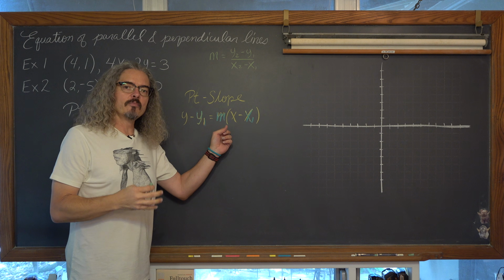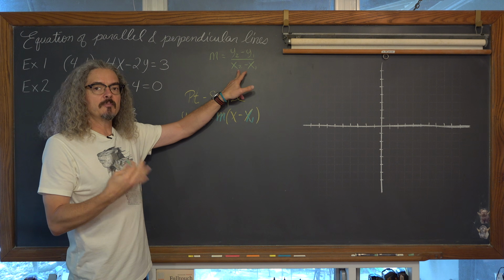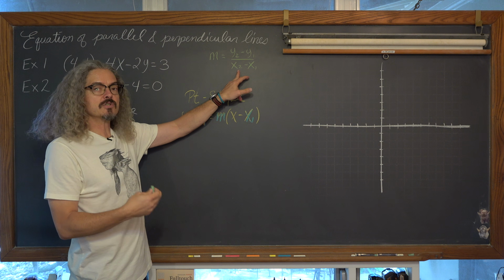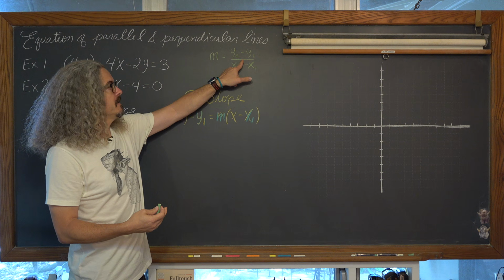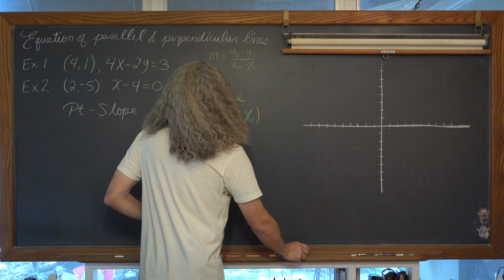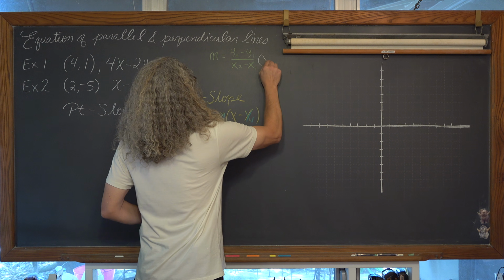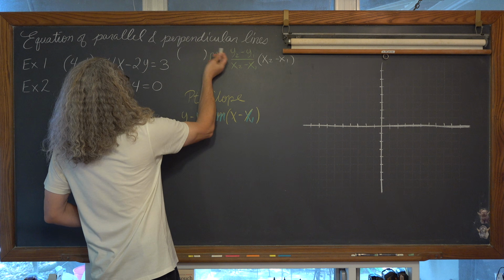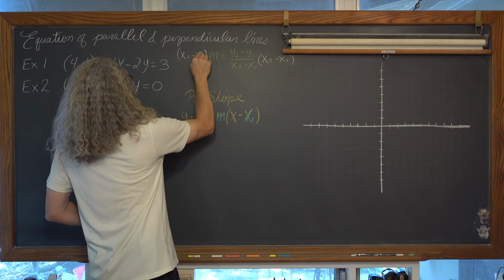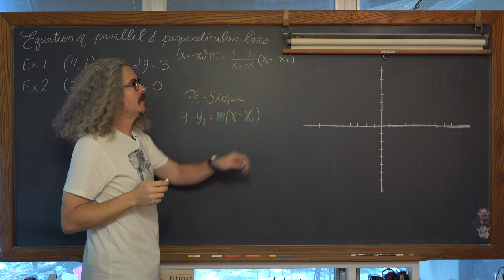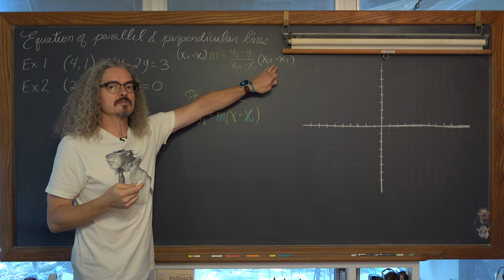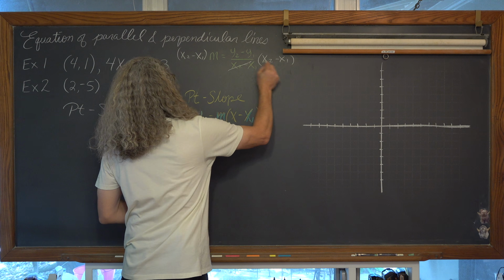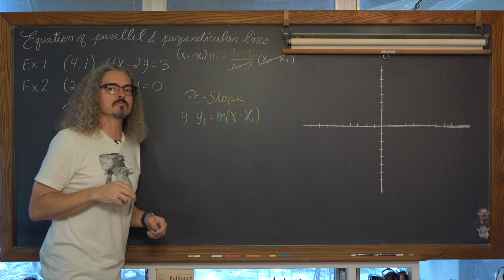The point-slope form of a line is just a manipulated version, a variation of the slope formula. If I undo that division with multiplication, and I multiply both sides of this equation by x sub 2 minus x sub 1, that multiplication is going to cancel on the right-hand side the division by x sub 2 minus x sub 1.